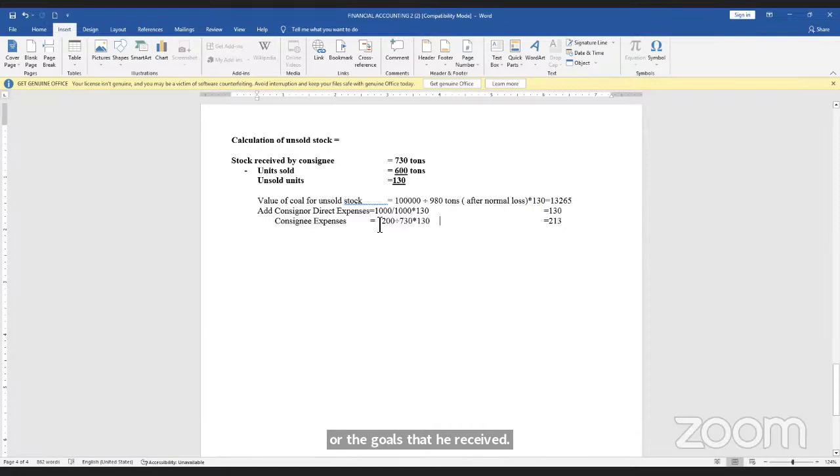That is why we divide the total expenses of the consignee by the number of units received by the consignee, into unsold units. Add these three, then you will get the total value of unsold stock. Did you follow?